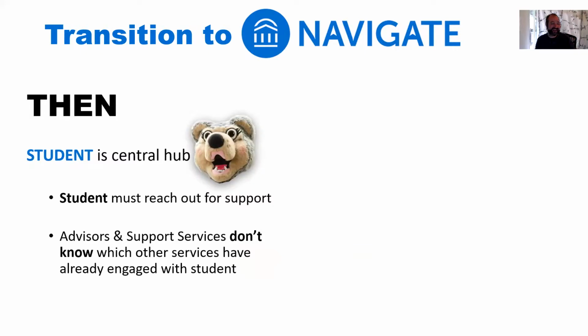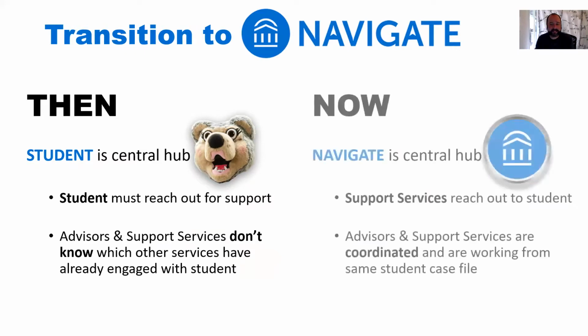Holly had to reach out for support independently, and advisors and support services didn't necessarily know who else Holly had contacted. Now, Navigate will be the hub. Support services will independently reach out to Holly, and our support is coordinated amongst the various advising staff and support services that are available.